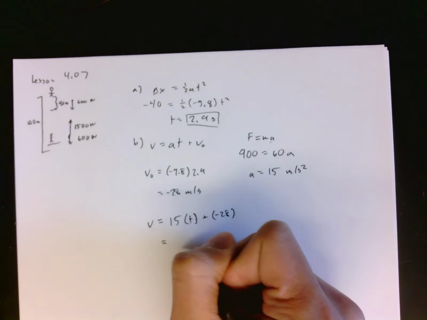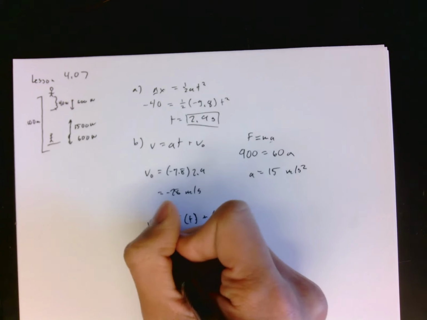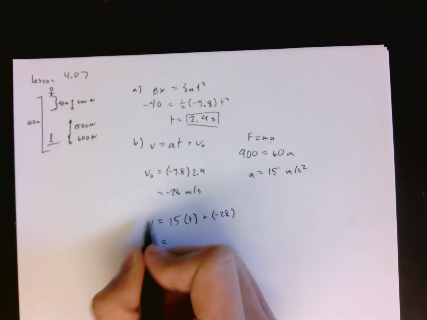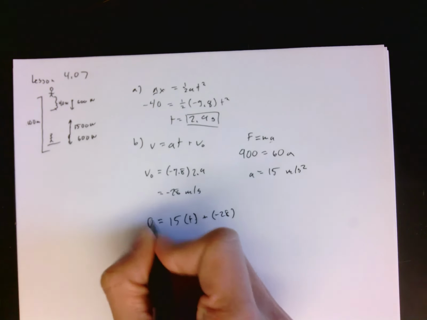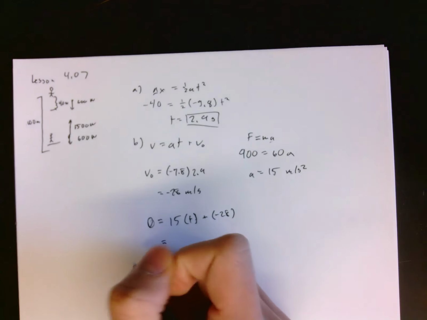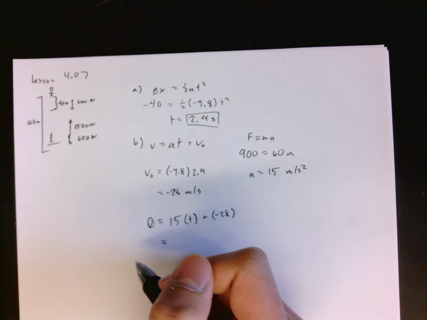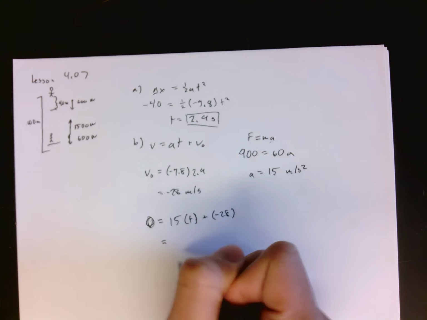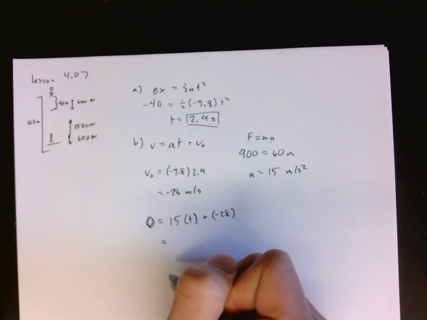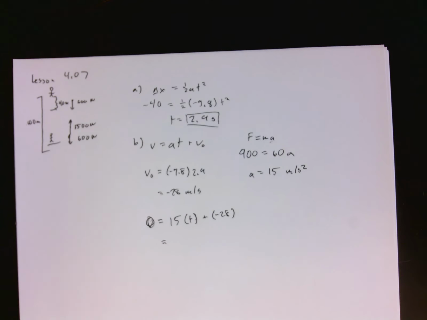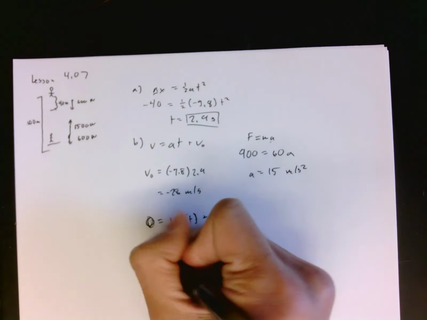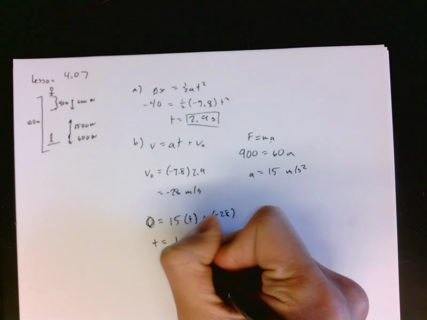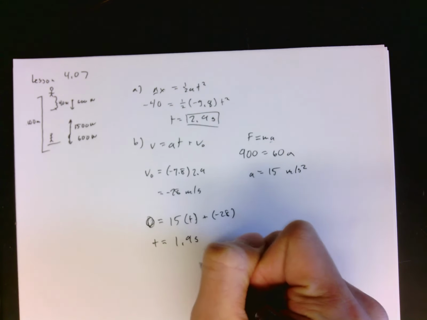And then we also know that his end velocity is going to be 0 because at the bottom he'll stop momentarily before returning back up. So we know that the final velocity is 0, and all we have to solve for is t, and t should equal about 1.9 seconds.